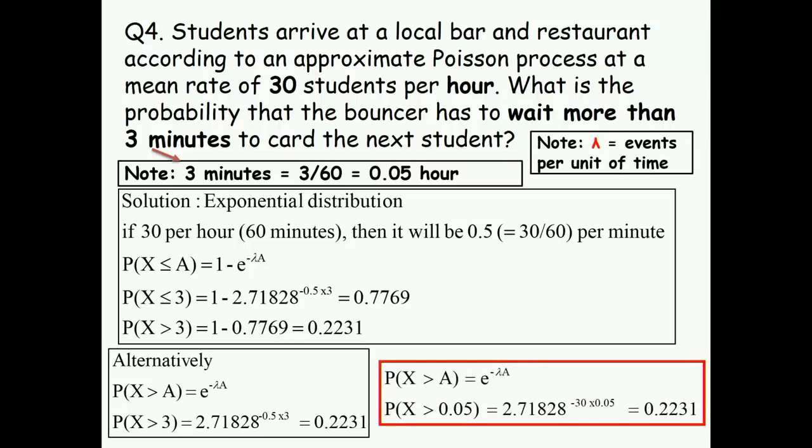Greater than 0.05. Instead of talking about 3 minutes, I am now talking about 0.05 hours, but I can still use 30. Is it clear? Please, in your exam, if I give you information in hours and my question is in minutes, convert it first. The first option, I convert lambda. The second option, I convert the time and keep 30.